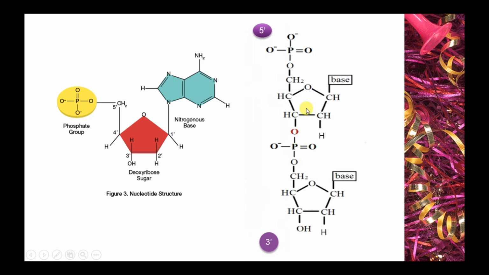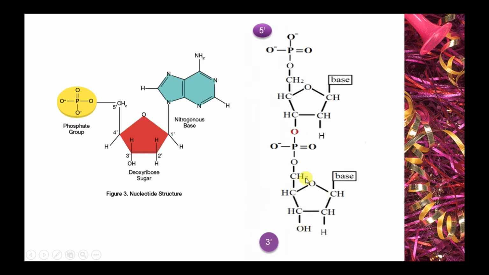Now you can see that the phosphate group attached to carbon number 5 of nucleotide number 2 is free, and the hydroxyl group of the other nucleotide is free.